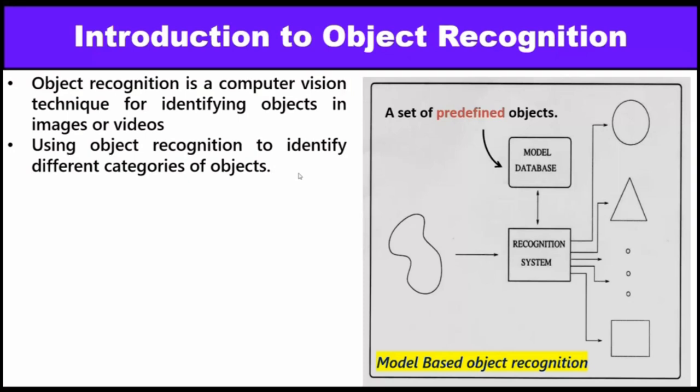Now, we are dealing with AI robotics, where we are discussing all these vision applications in robotic vision aspects. So, object recognition is a computer vision or robotic vision technique where we identify objects in images or videos.